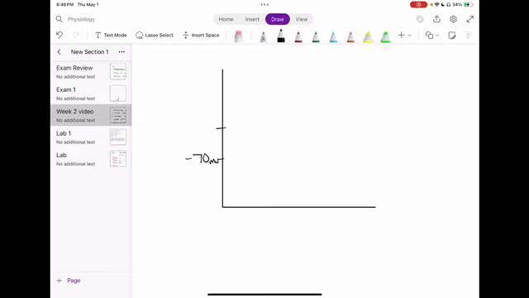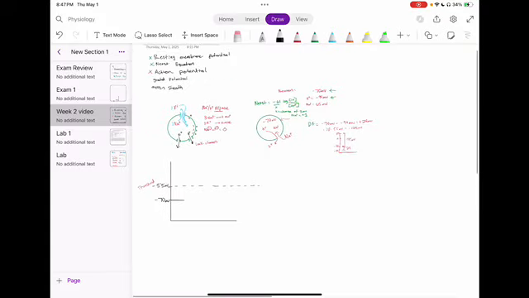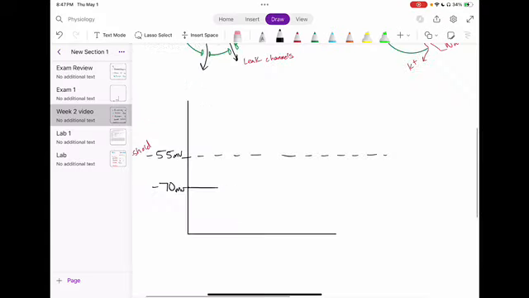We have a thing at negative 55 millivolts called our threshold potential. And this is our normal resting point, our resting membrane potential right there at negative 70.